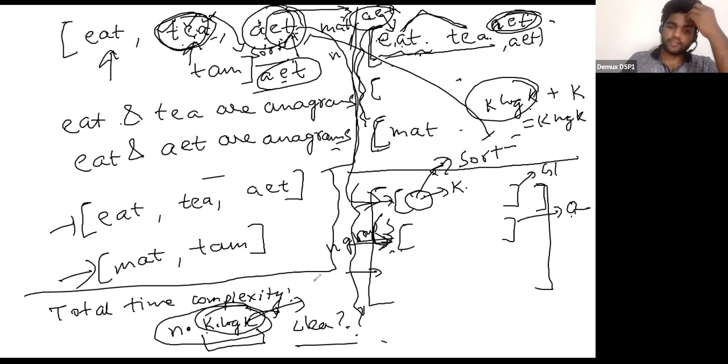You can optimize sorting by using counting sort here, because you know that the strings are from range A to Z, right? Do you know counting sort? I guess you know counting sort, right? So don't you think you can optimize the sorting using counting sort, and then the sorting becomes K? It becomes K plus 26, which is K. Correct? So the sorting you can optimize.